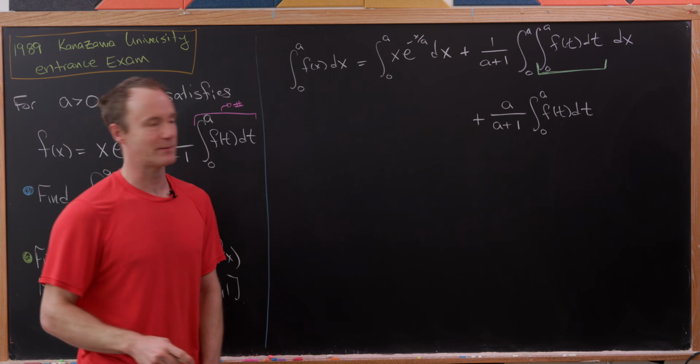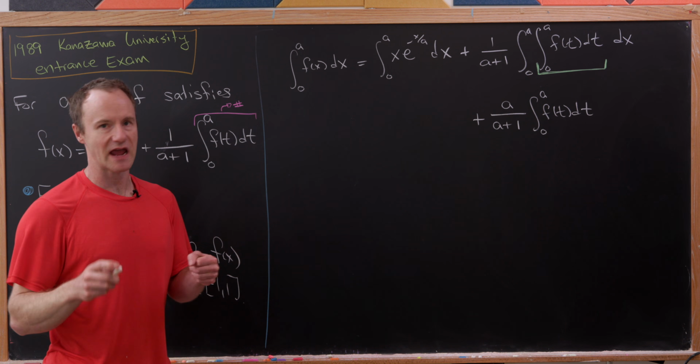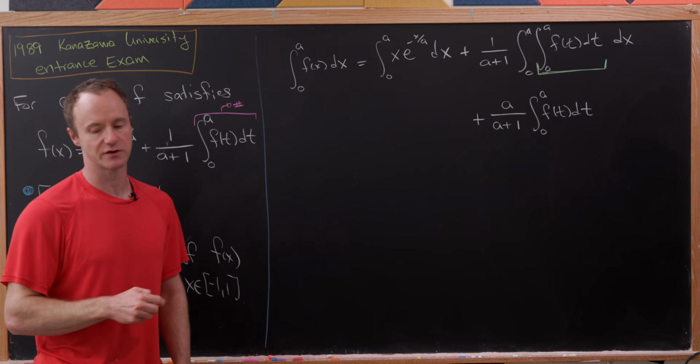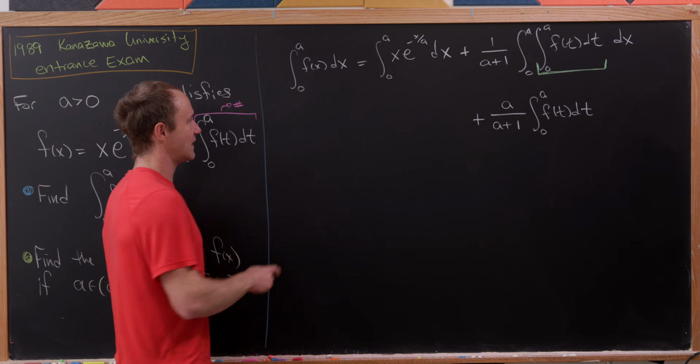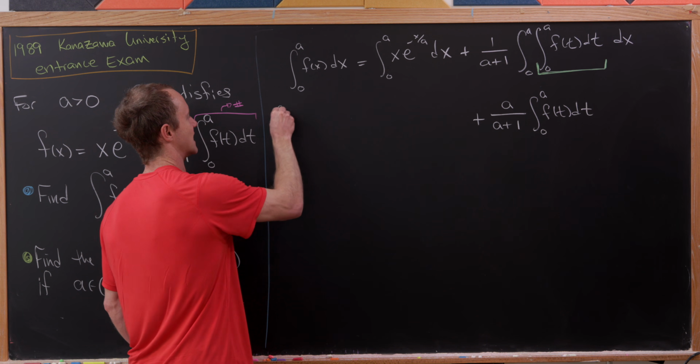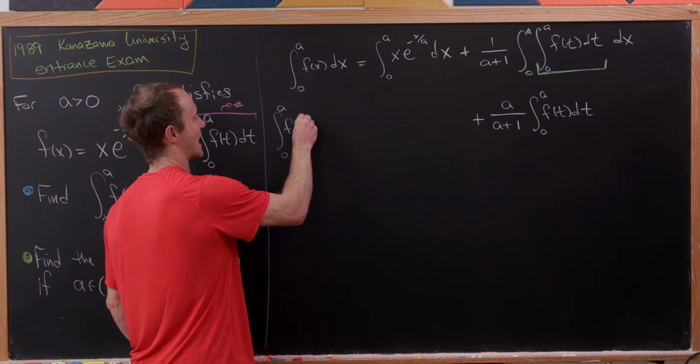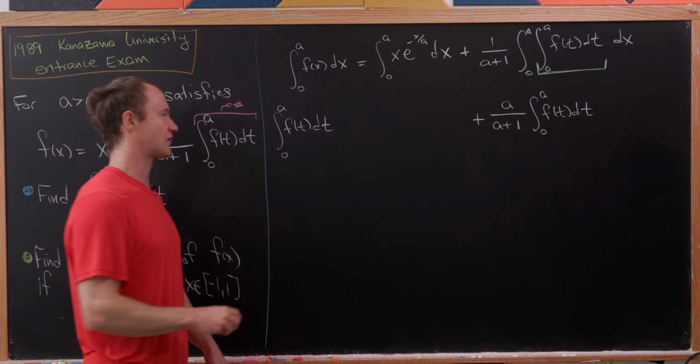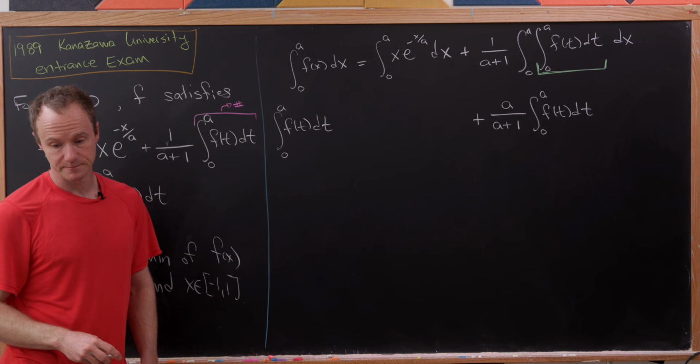Okay, so that's what's happening with that term. Notice the a in the numerator came from that integral from 0 to a of dx. And then let's do just a change of dummy variables inside of this integral to make it match with what we have over there. And now that'll be the integral of f of t dt.